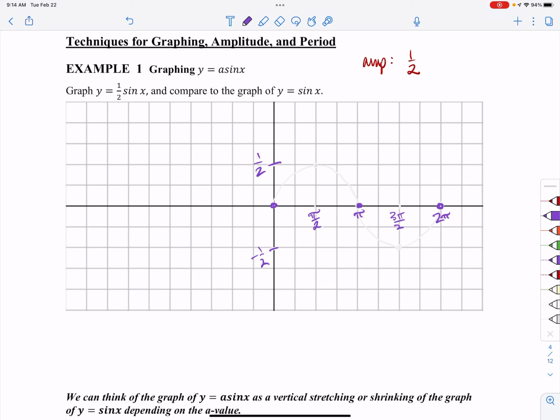The first quarter is going to be a maximum, and the other quarter point is going to be a minimum. Once I have those 5 values, I don't need to do any plugging and chugging. So we're going to just go ahead and connect the dots. And we have a graph that shows the amplitude of 1/2.